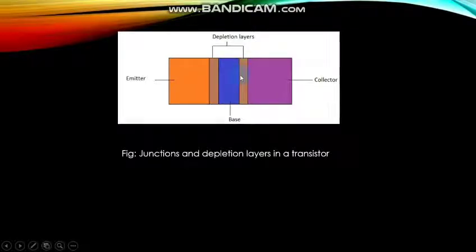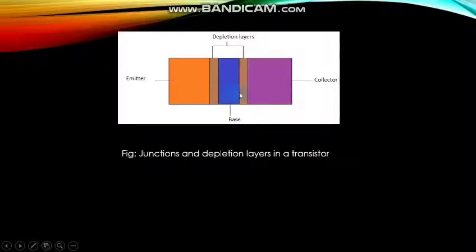So you can think on your own, when these depletion layers widen, obviously the size of the base will get reduced, right? So when this base gets smaller, there are few recombinations. You might have known that recombination of carriers occurs in the base.